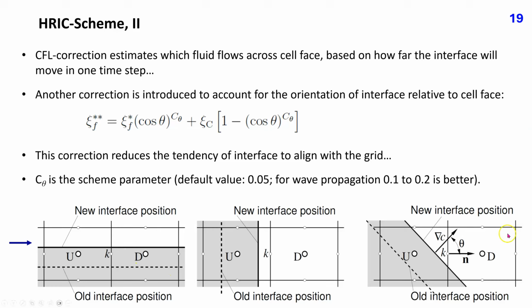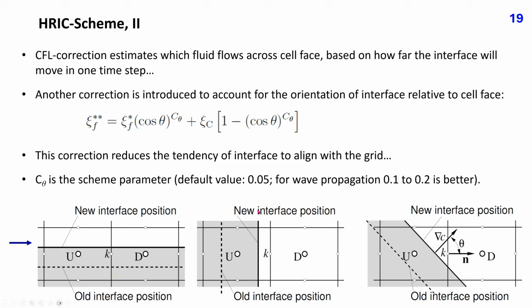These figures show how the orientation of the interface affects the choice of interpolation to determine the convected value of the volume fraction through the face K. If the free surface is orthogonal to the cell face, any interpolation gives the correct value, so the first order upwind scheme is good enough.